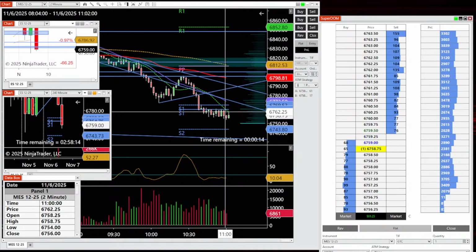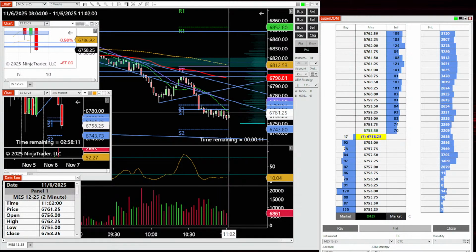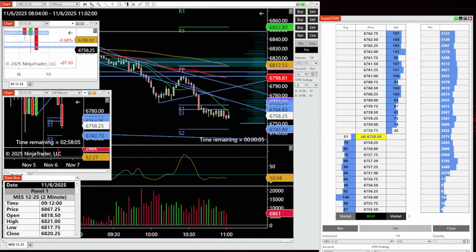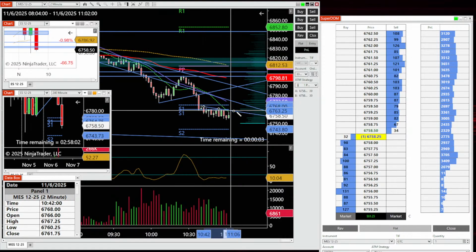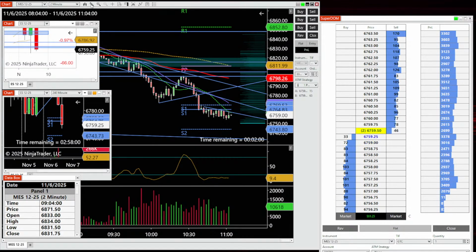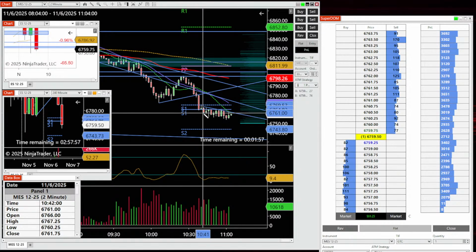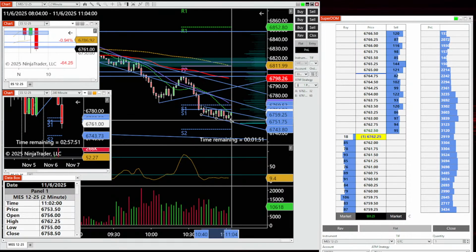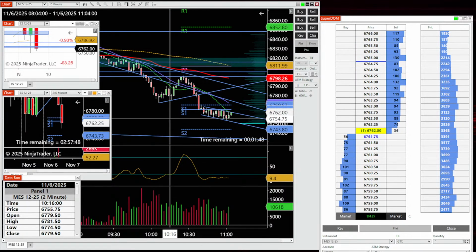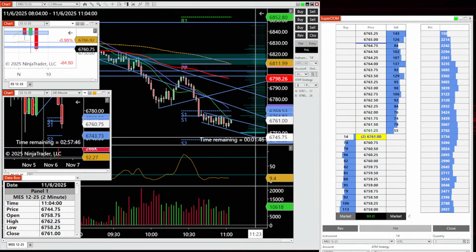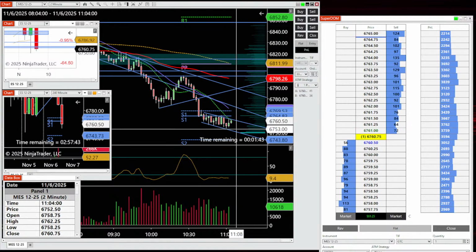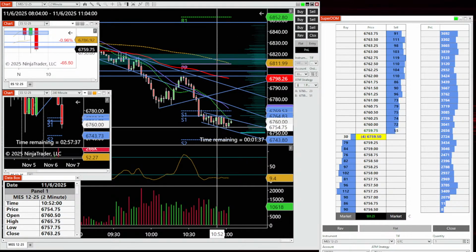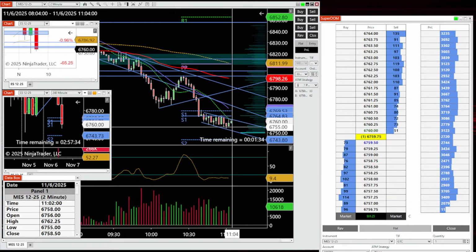Now we're at 60. At 62, let's see. Not making higher highs. We're making lower highs, getting rejected. But every time we make a new low, we get a pop. That's what we're looking like, a little down channel, slowly.